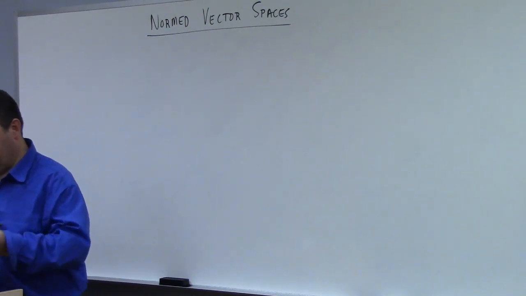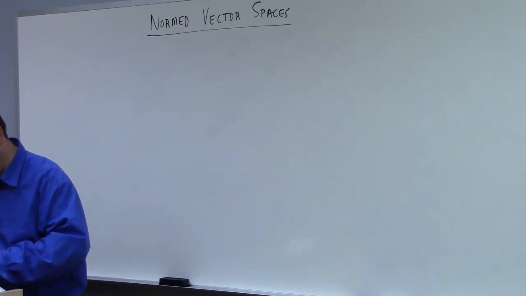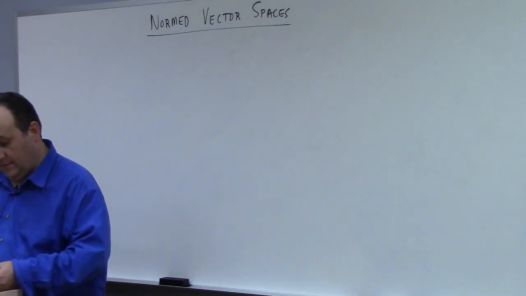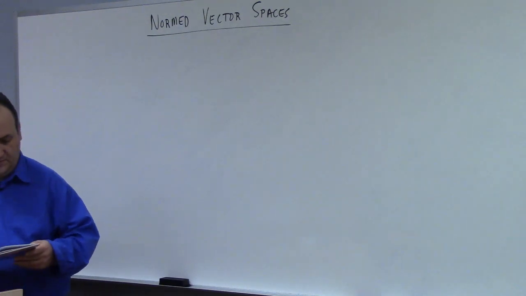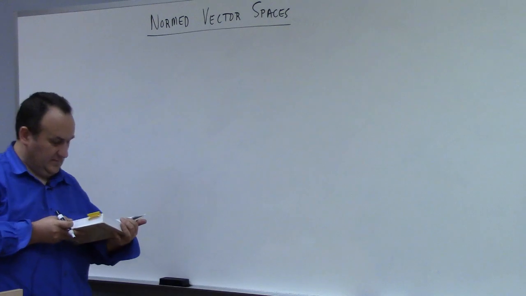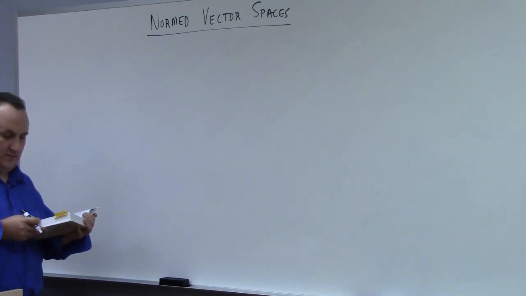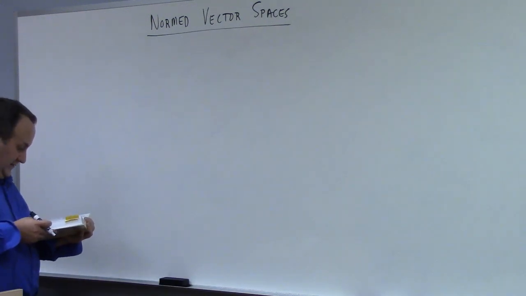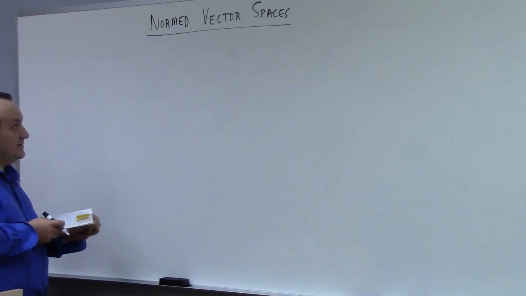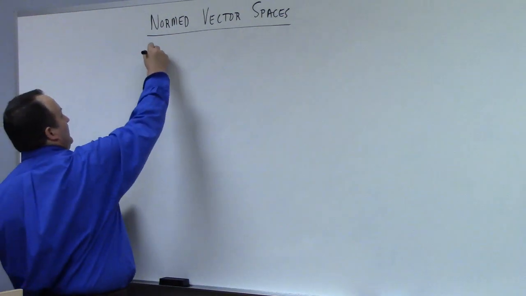First of all, do we know what a vector space is? Okay, so we know what a vector space is. Good. So a vector space, let me just say it in words.